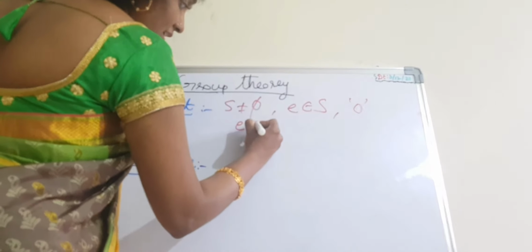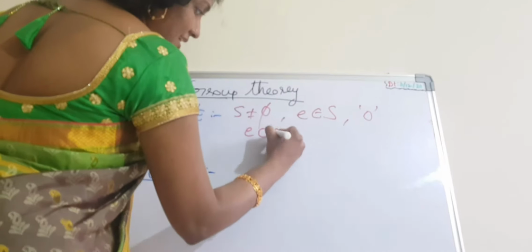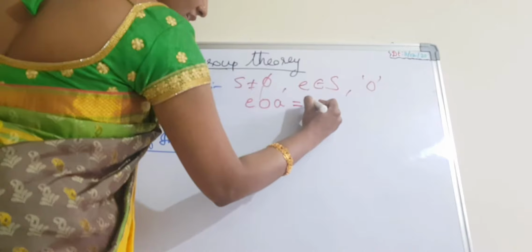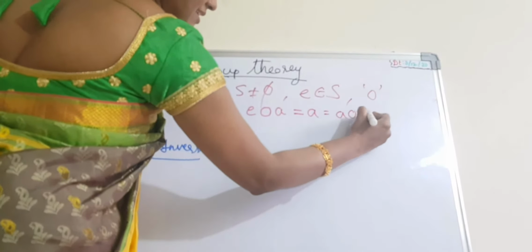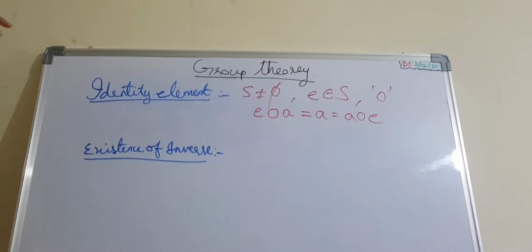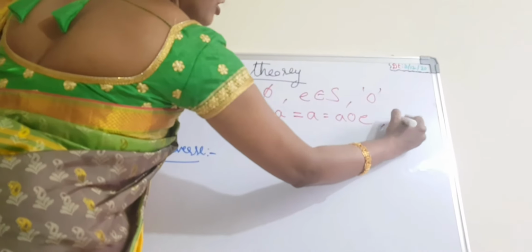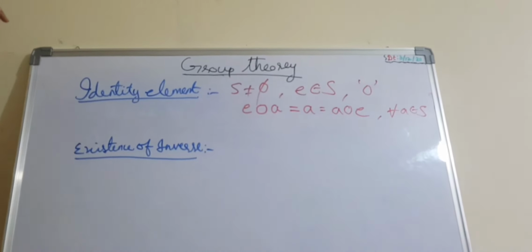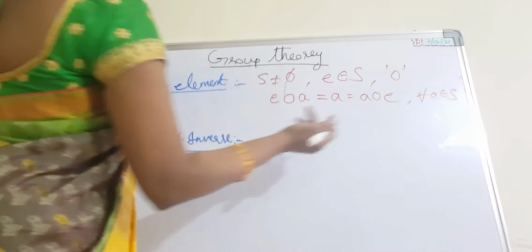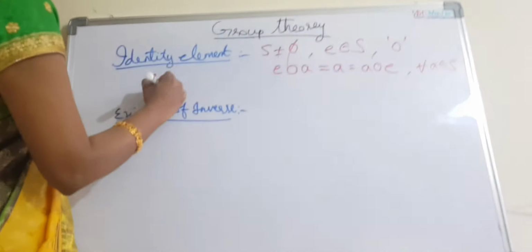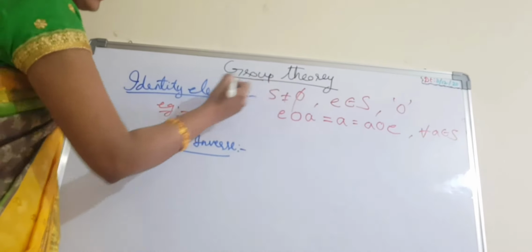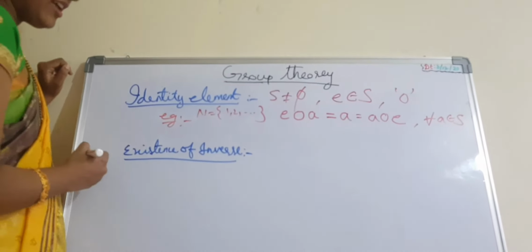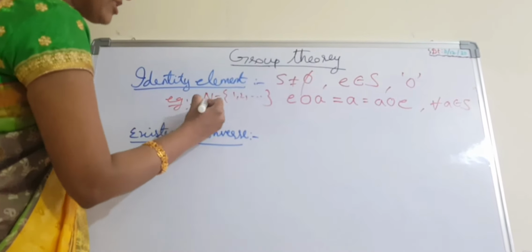Then E circle A is equal to A circle E, for all A belonging to set S. Here every element we are taking. For example, we can take an example. I am taking the natural number set 1, 2, 3, and so on, and here I am taking 2.